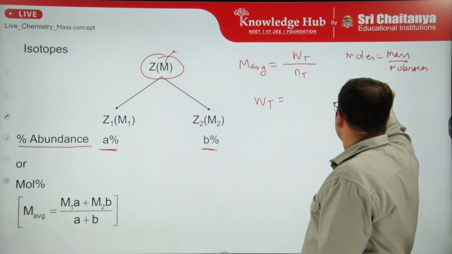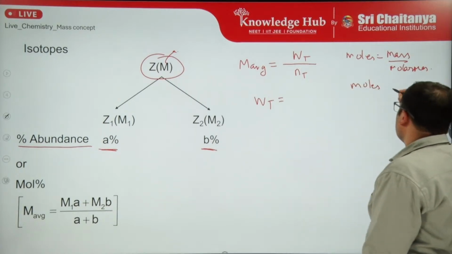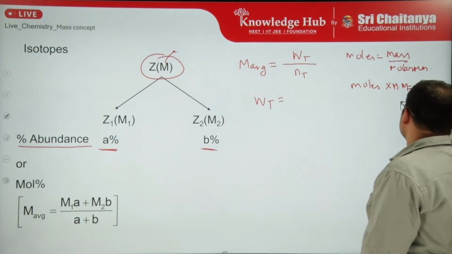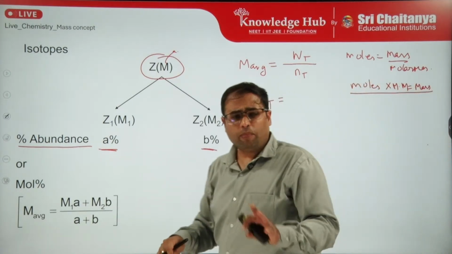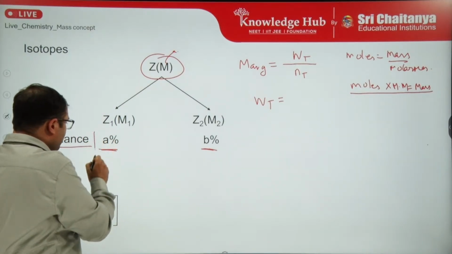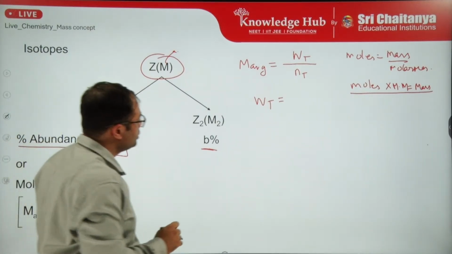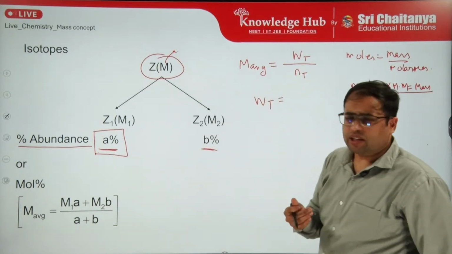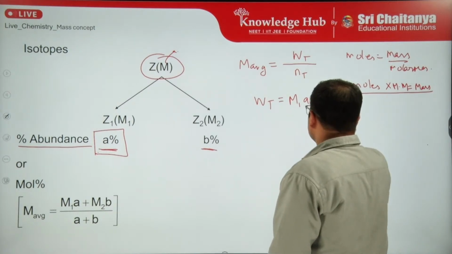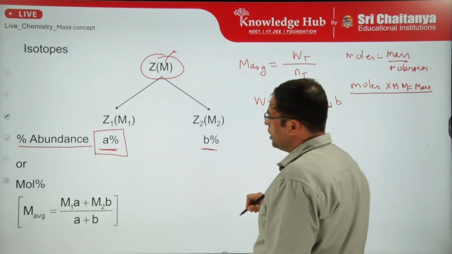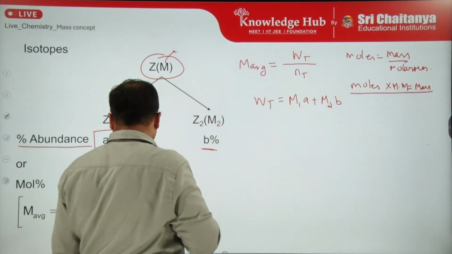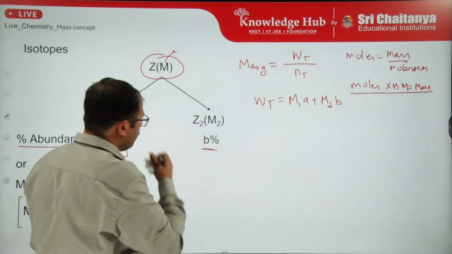So moles multiplied by molar mass gives you the mass. So simply multiply the percentage, whatever percentage you have got, with the molar mass: M1A plus M2B. You will get the total mass and then simply divide by total number of moles.